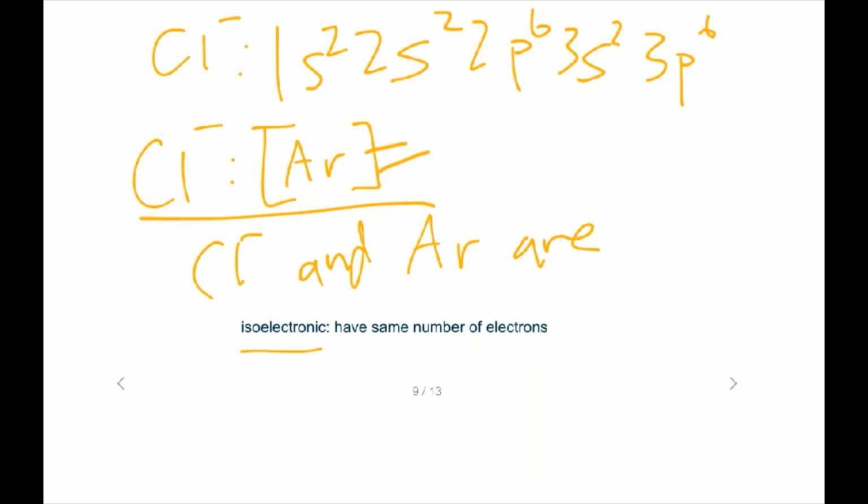So things that have the same electron configuration as a noble gas have the number of electrons to be stable and happy since their outermost shell is completely filled.